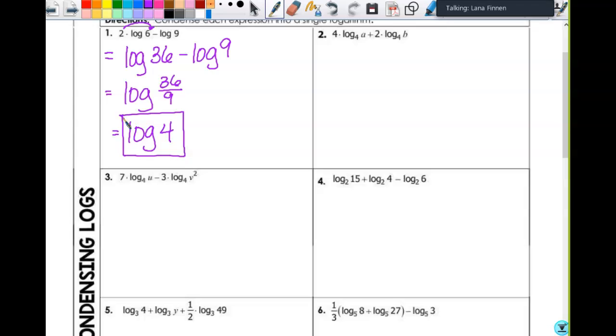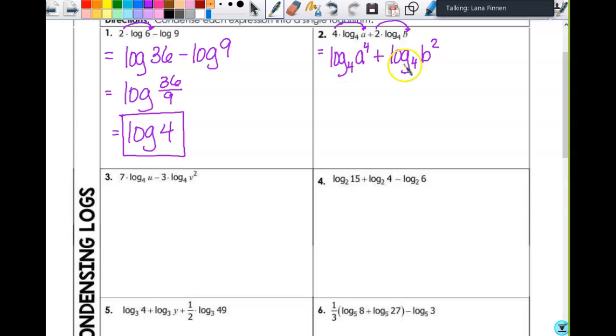All right. So then on number 2, we've got this exponent here, this exponent here. So this is log base 4 of a to the 4th plus log base 4 of b squared. Then we're going to use our product property.